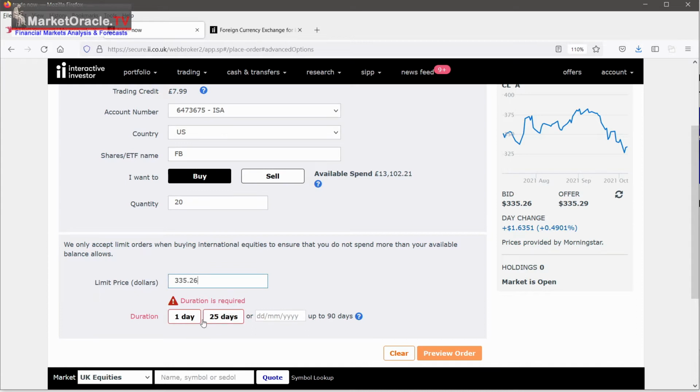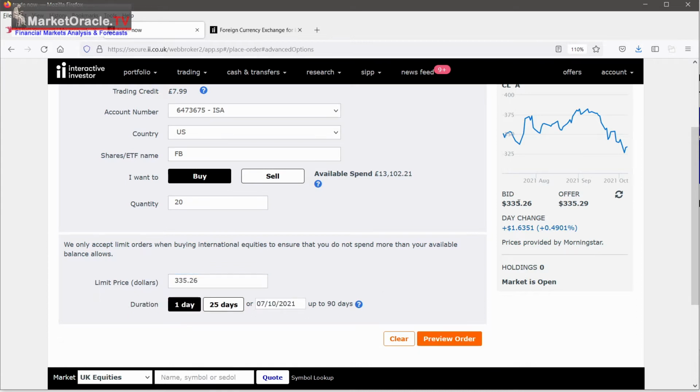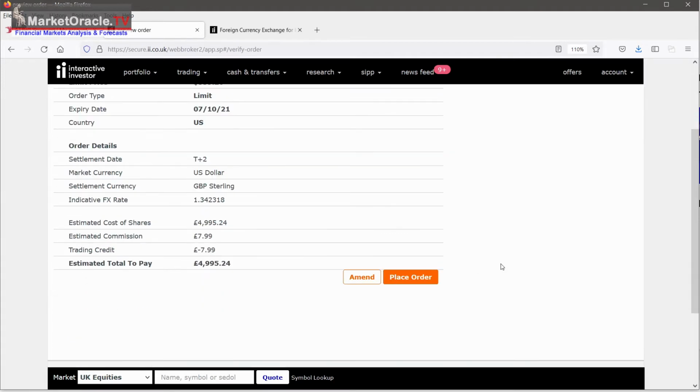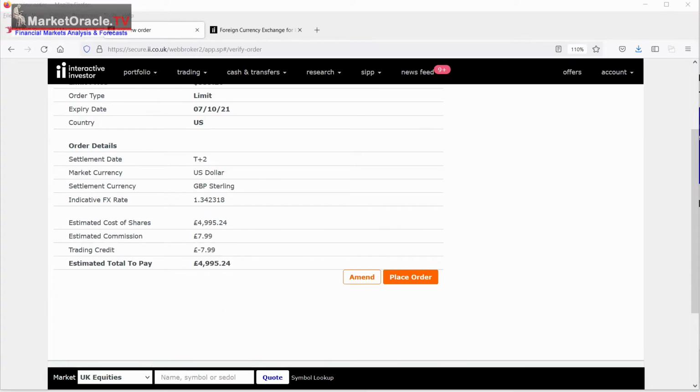That's what they're offering, the bid price. Okay, so let's preview the order. It's 4995.24. Oh, that's allowing for a trade credit, so I'll put that back on, plus the trade credit, and you can see it's a lot more than AJ Bell.